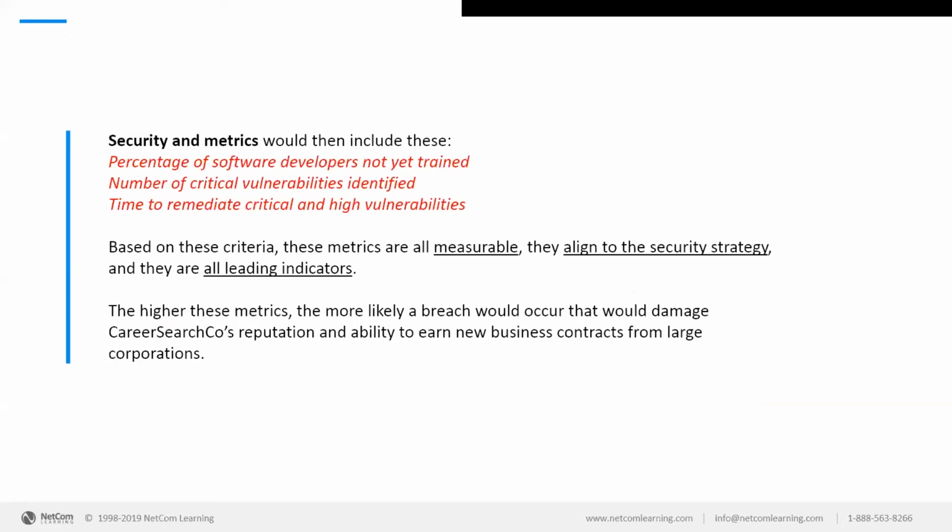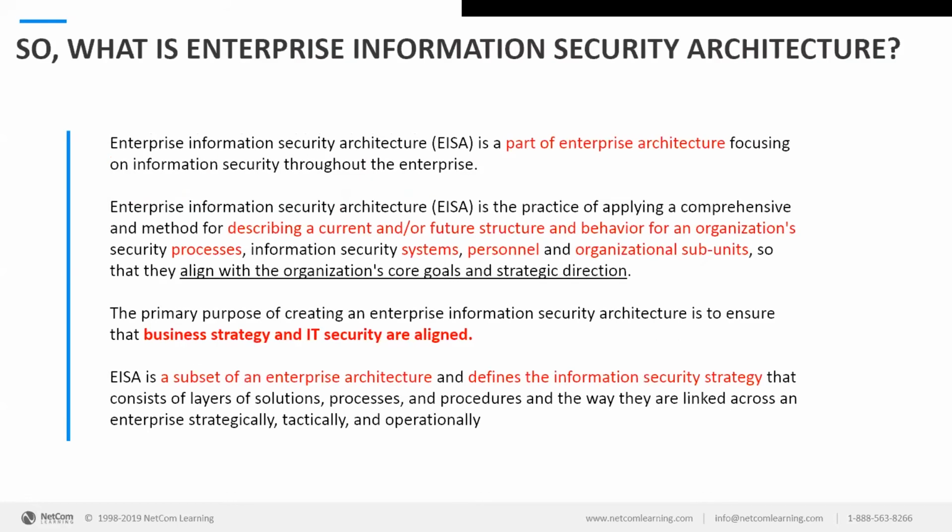Then I will start thinking about security metrics, and I will put in my mind the percentage of software developers not yet trained in my organization, the number of critical vulnerabilities identified, and the time to remediate a critical and high vulnerability when our vulnerability scanners discover it, or any security product that you have. So enterprise information security architecture is a part of your enterprise architecture, and that's why we said it should be aligned with your business strategy.